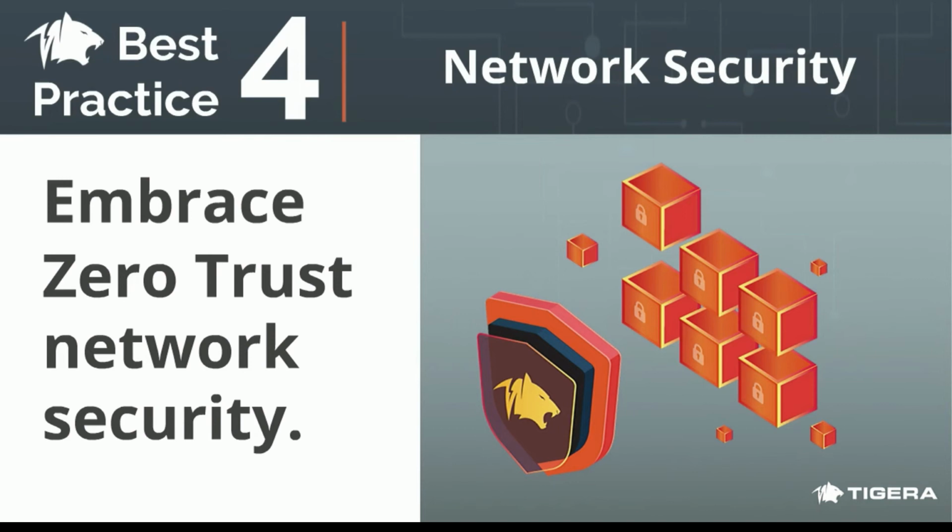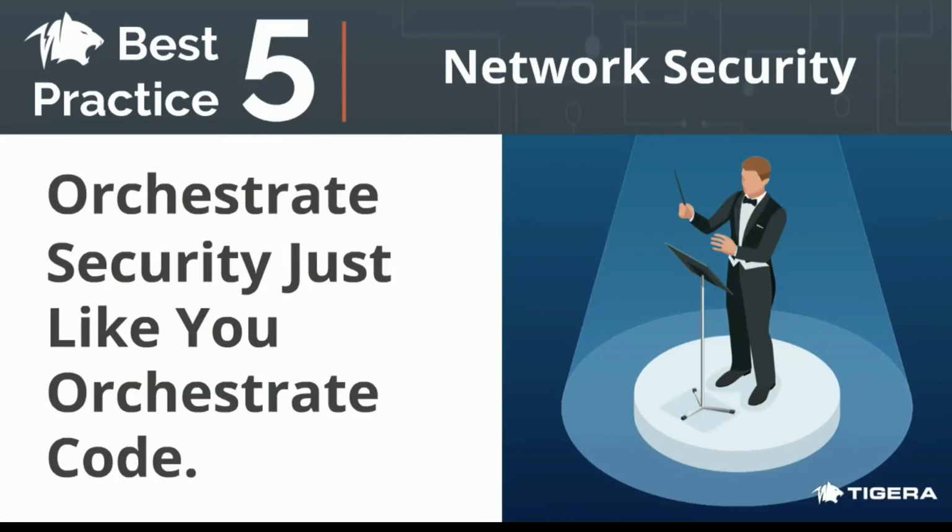Lastly, orchestrate your security just like you orchestrate your code. Security should not be something that you deal with on an entirely separate pane of glass. You might have a pane of glass that gives you security information, but you want to make sure that your security system can be integrated into the CI/CD pipeline, source code controlled, etc., so that at any point in time you can roll back to a known good security standpoint.